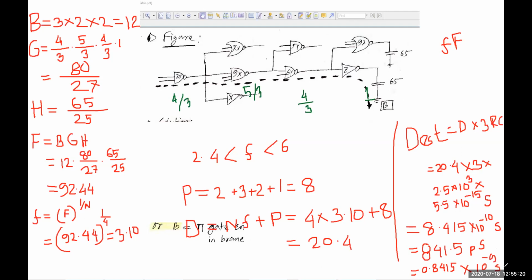You can call it nanosecond. So this is your delay. Nanoseconds are normally used more than picoseconds, so you can call it either way, it doesn't matter.